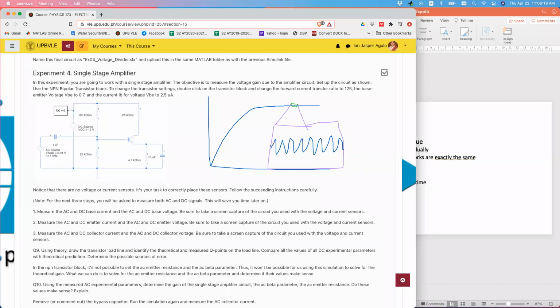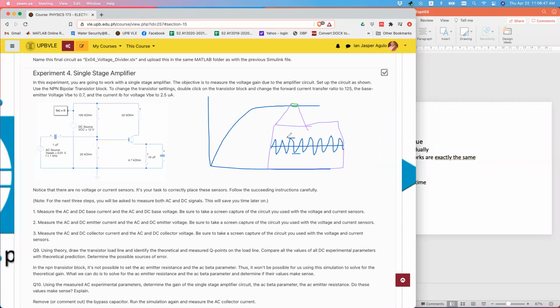Okay? So what is the signal that you see? The signal you see is the DC component and the AC component. Okay? Now, there is no line there like the one I drew here. You won't see any line. So you have to estimate, okay? Really make a good estimation of the DC component.